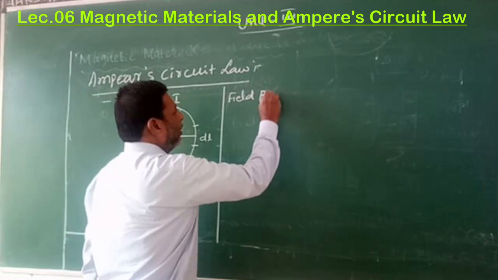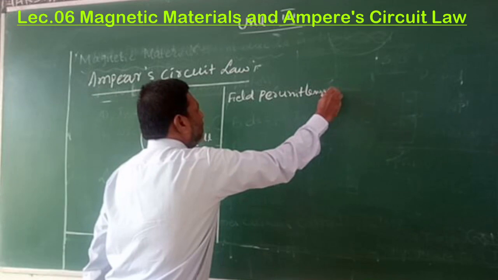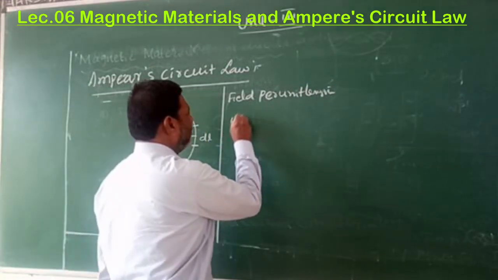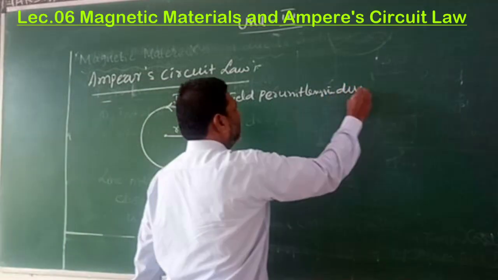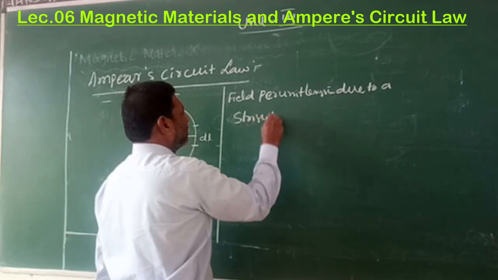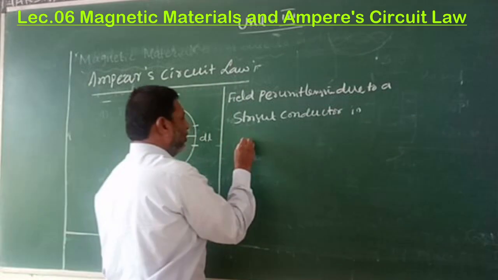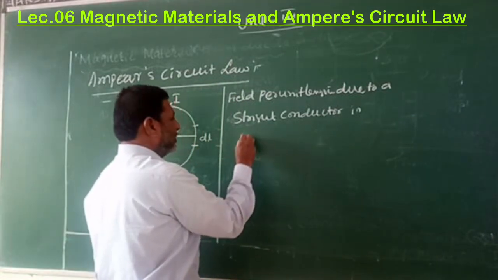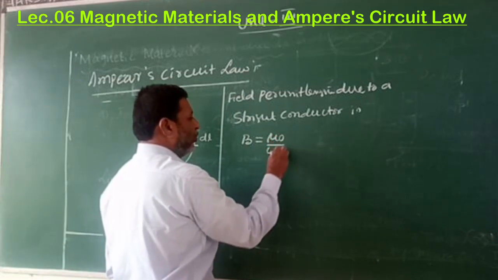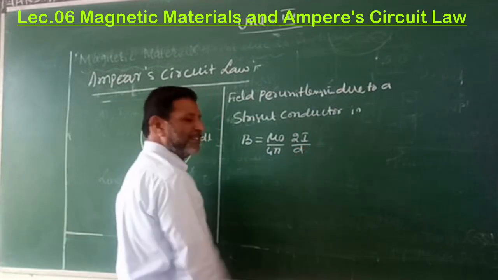Field per unit length due to a straight conductor. You know that B is equal to mu naught divided by 4 pi into 2I divided by D, where D is the distance.